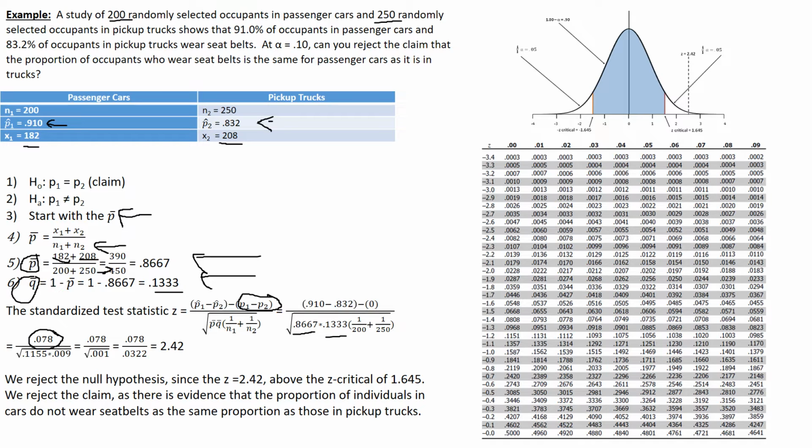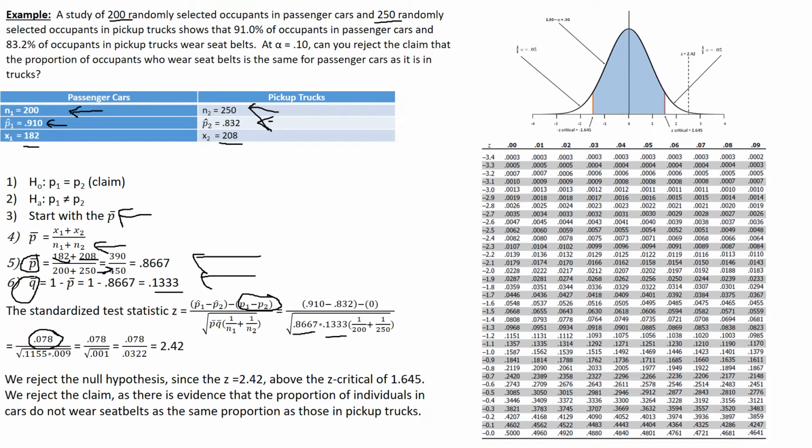And then our 1 over n1, there's 200 up here for n1, the number of samples for the first group, and 250 for the second one. So here it is, 0.8667 times 0.1333 times 1 over 200 plus 1 over 250.